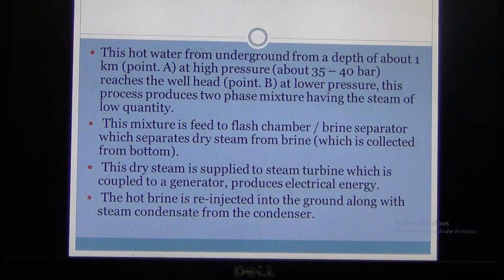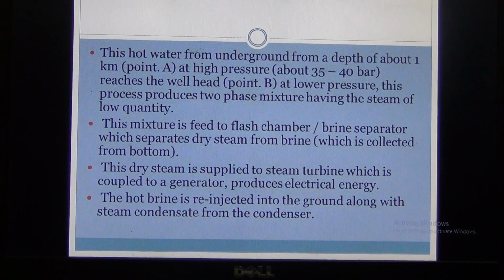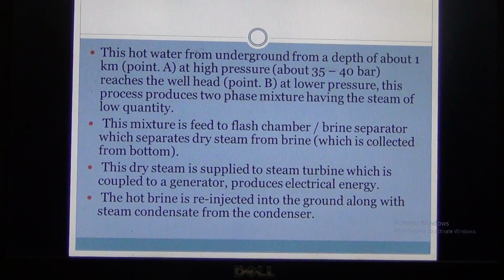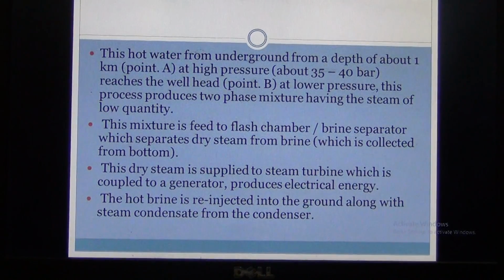This mixture is fed to a flash chamber, or brine separator, which separates dry steam from brine, which is collected from the bottom. This dry steam is supplied to the steam turbine, which is coupled to a generator and produces electrical energy. The hot brine is re-injected into the ground along with the steam condensate from the condenser.